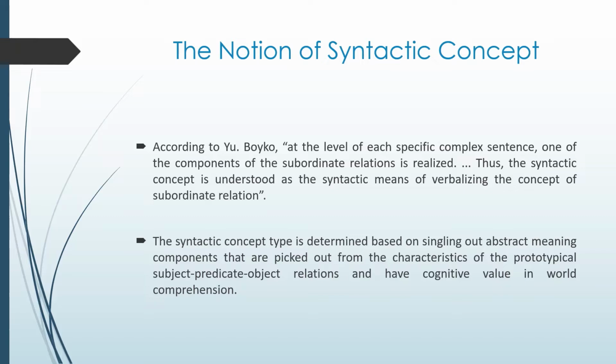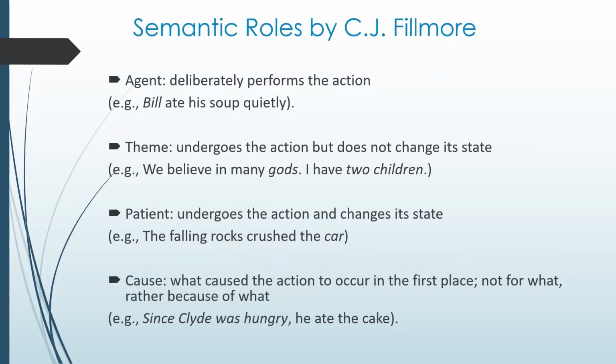The syntactic concept type is determined based on singling out abstract meaning components that are picked out from the characteristics of the prototypical subject-predicate-object relations and have cognitive value in world comprehension. An important aspect of syntactic representation is the use of language level, verbalized with constructions, and mental level, verbalized with concepts in this process.